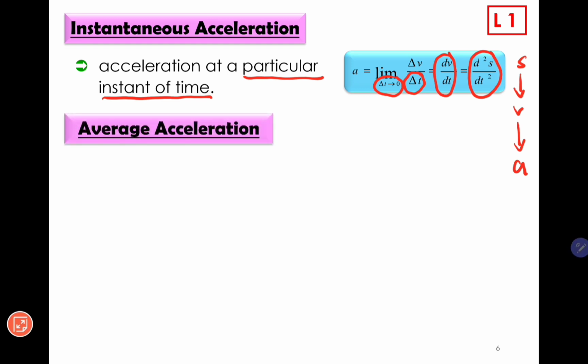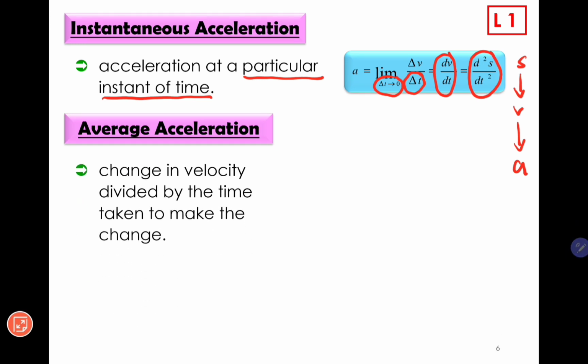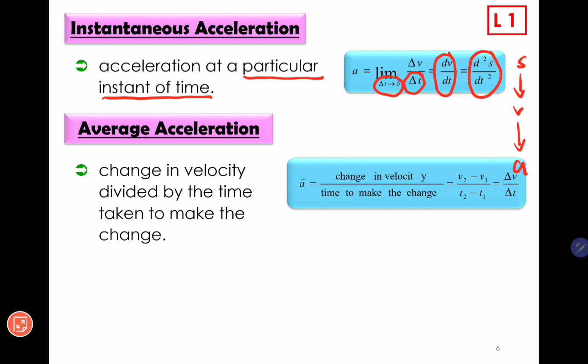Next, the average acceleration. What is that? Average acceleration is the change in velocity divided by the time taken to make the change, or delta v over delta t.